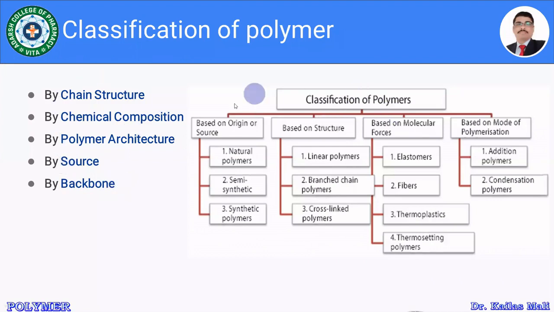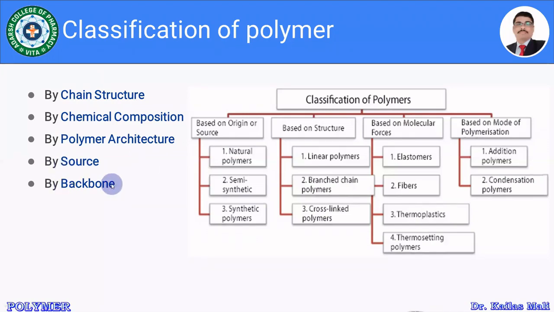Here I have shown the broad classification of the polymer based on origin or source, based on structure, based on molecular forces and based on mode of polymerization. We are going to discuss only the classification of polymer according to chain structure, chemical composition, polymer architecture, source and backbone.